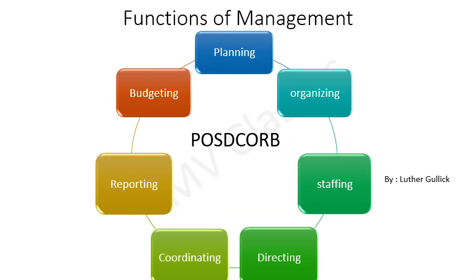Many management experts criticized him for oversimplifying the managerial process, because he added staffing, directing, reporting, and budgeting to Henry Fayol's functions. Fayol's functions are mainly accepted by all management, even if objected to today, but you can learn this also, because questions are frequently asked. So planning, organizing, staffing, directing, coordinating, reporting, and budgeting.